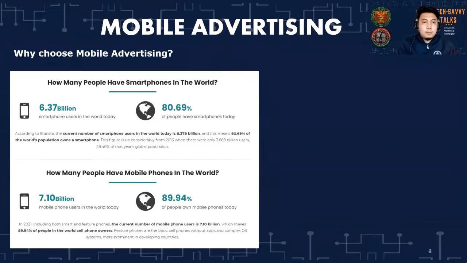So bakit mobile advertising? According to these statistics, there are already 7.37 billion smartphone users in the world today, and 80.69% of the people have smartphones today.